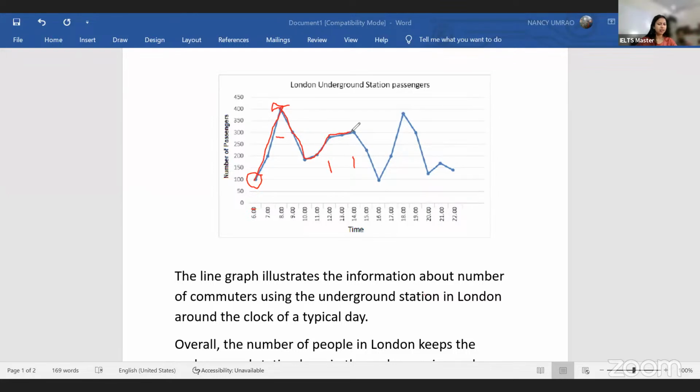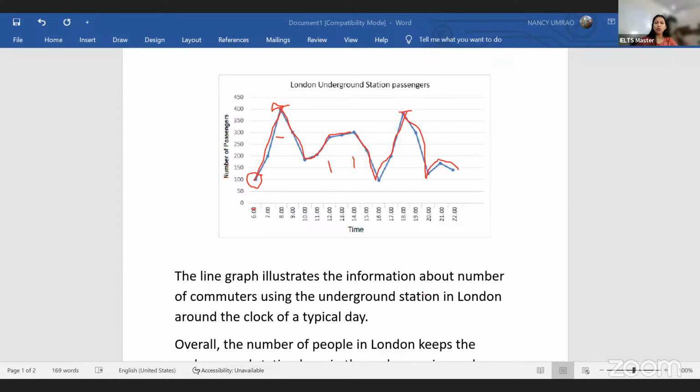Then constant increase. Then it decreased and reached less than 100 people. Again, it showed an increment and reached 380. After this 6 o'clock, it reduced and then recovered.